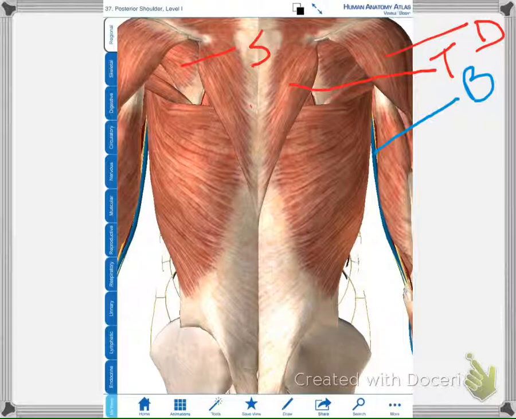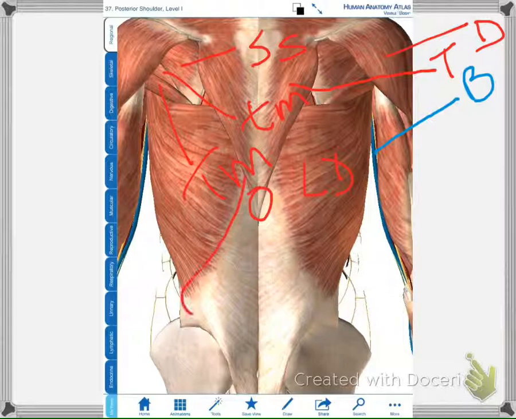Again, teres major. Here, teres minor. And here, latissimus dorsi. Here is the inferior aspect of trapezius, overlying this nice aponeurosis of the latissimus dorsi.